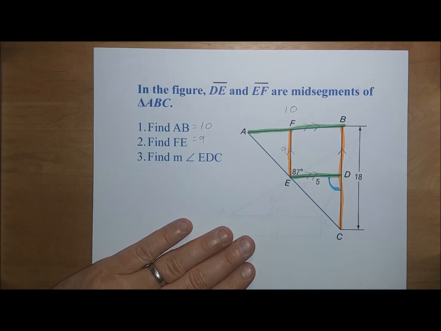Okay. So, if these segments are parallel, how am I going to find this angle over here? Do I have some corresponding angles, perhaps, that I could work with? Do I have some alternate interior angles?